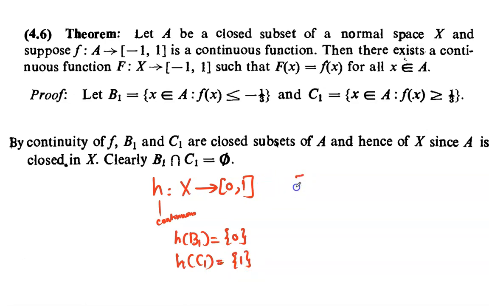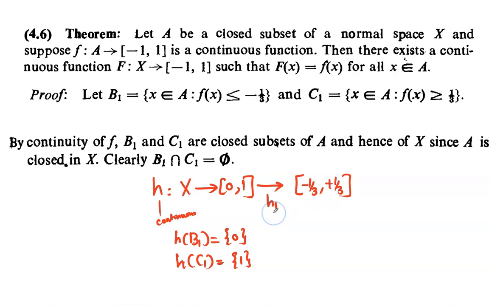Now we consider another closed interval, say [-1/3, 1/3]. We know that these two closed intervals are homeomorphic to each other. So let us consider the homeomorphism, say h1, defined from the unit interval to the closed interval [-1/3, 1/3].